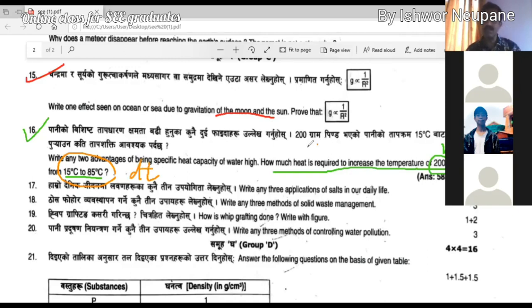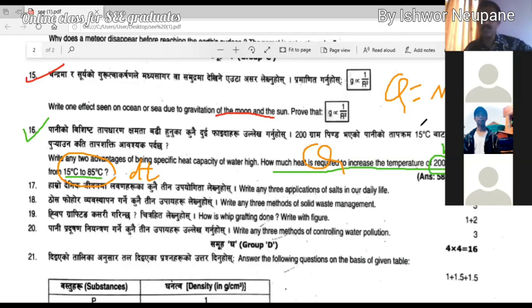Heat required means we have to calculate Q, and the formula is Q equals m s dT.